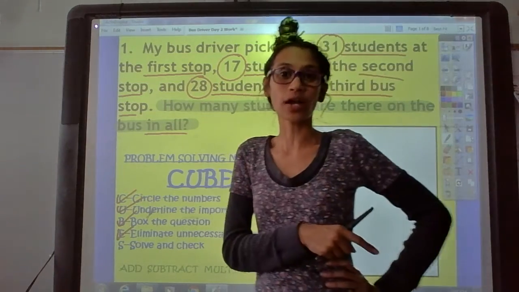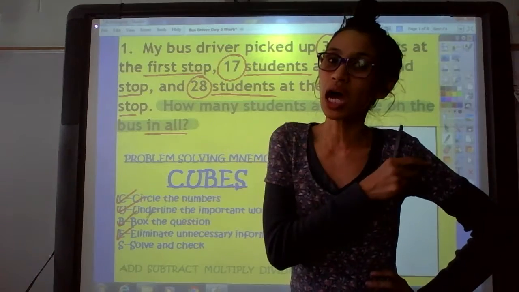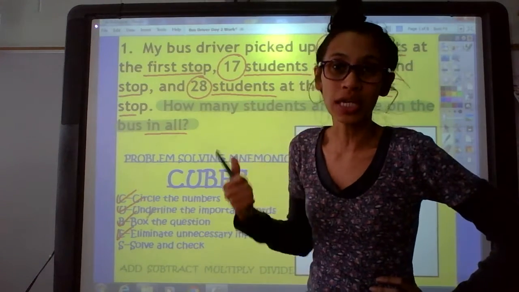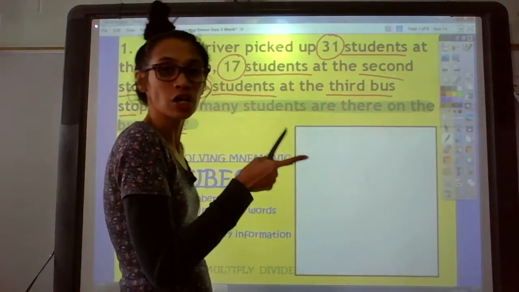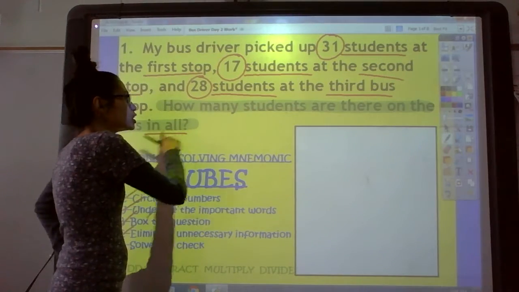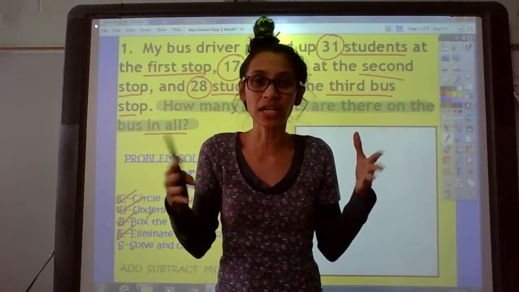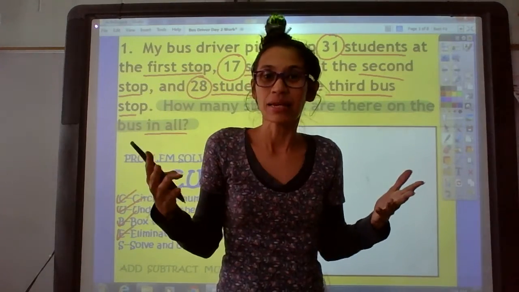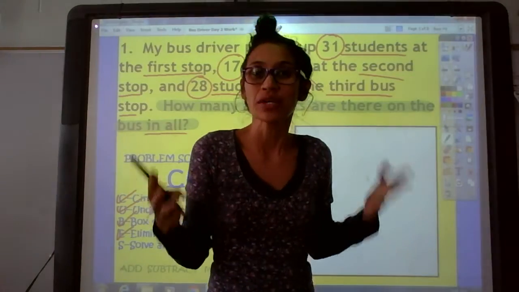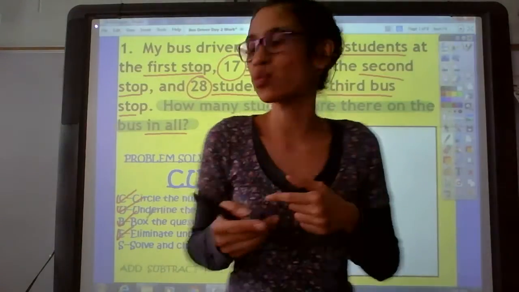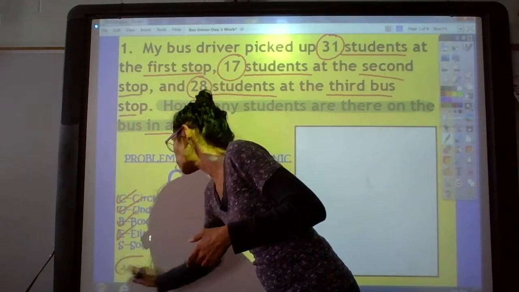Now, to solve and check, we need to figure out what operation we should use. Now, look at the clues in the problem. Remember we talked about in all? So how many students are there on the bus? So imagine if the driver's driving, picking up all these kids at each bus stop. What do we need to do? We need to add, bam, right there.